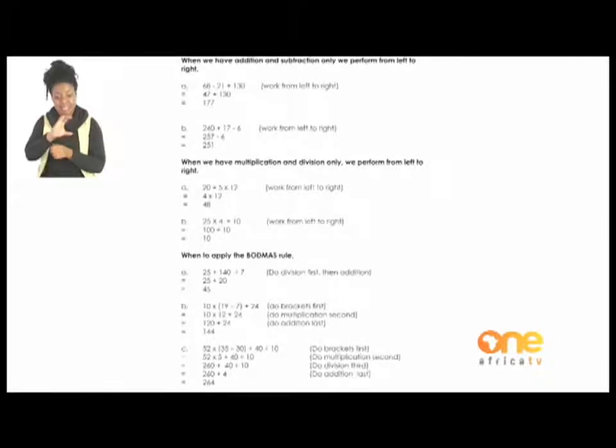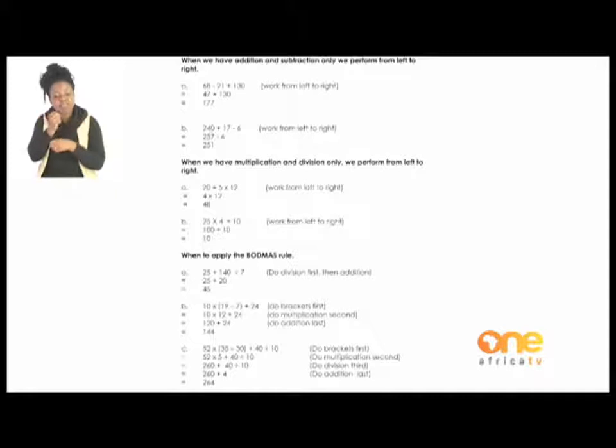Let's see number C. 52 times, in brackets, 35 minus 30, close brackets, plus 40 divided by 10. So according to BODMAS, we check, do we have any brackets?